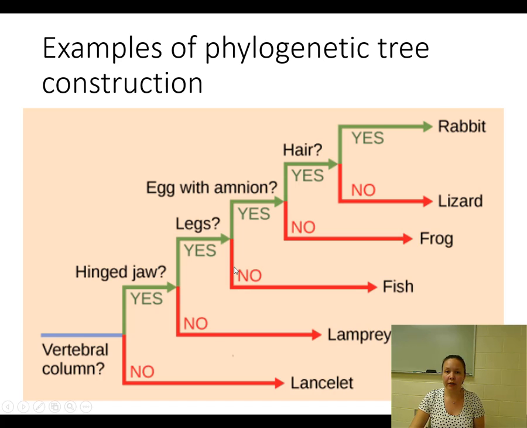Evolutionary trees or phylogenetic trees used to be constructed where you would ask questions like, if I'm going to group these two organisms together, do they both have a vertebral column? And if the answer is no, then one of them diverged, and the other one we can ask more questions of and see if they're related to other organisms. So questions like, do they have hinged jaws or legs or eggs with amniotic fluid, or do they have hair? And if no, then that means they're less related.